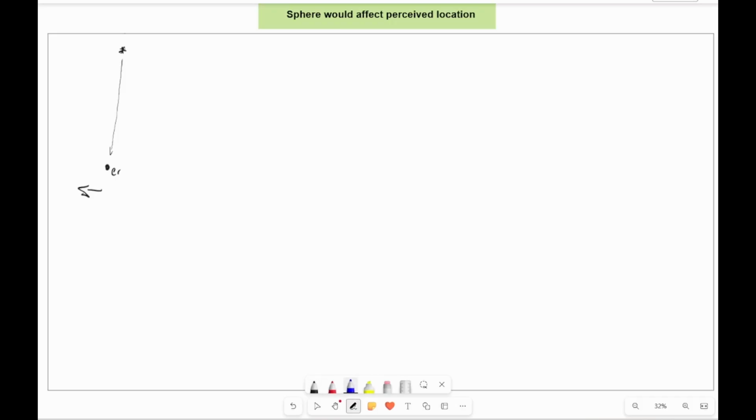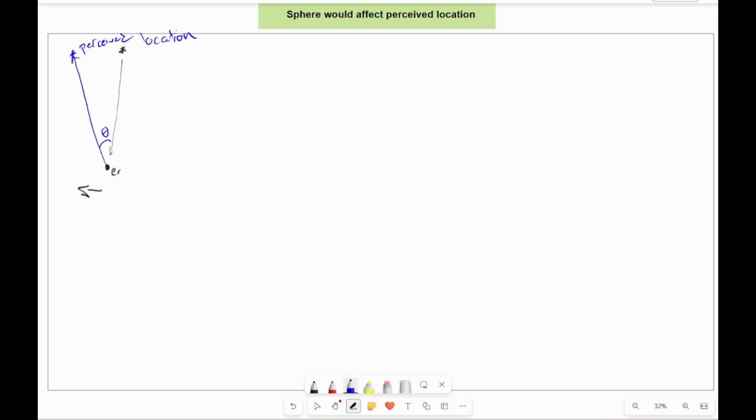And in reality, though, because we are moving relative to each other, so because Earth is moving relative to the star, we are going to have a perceived location offset by the angle theta. And this is going to vary, and typically you would measure this with 6 months apart so that we get 2 different vectors for the velocity.